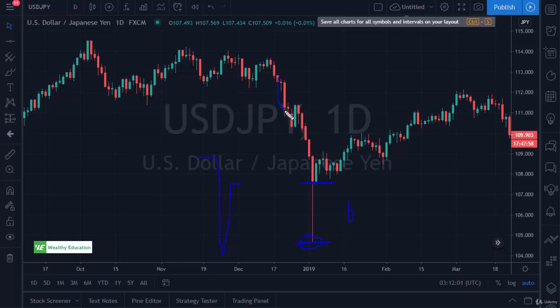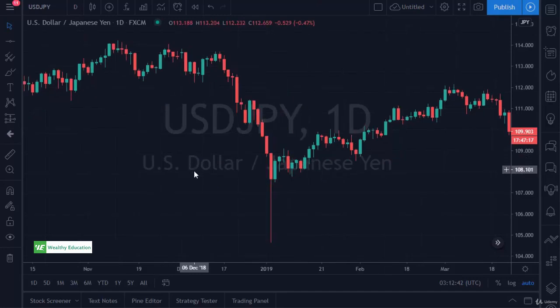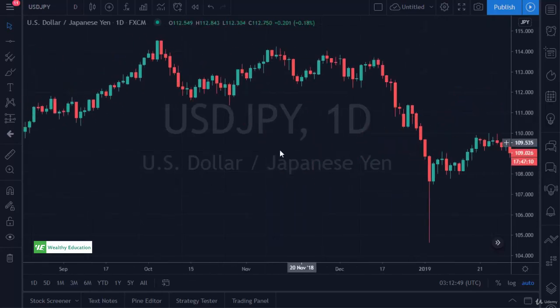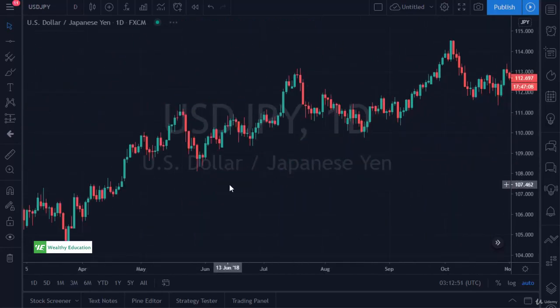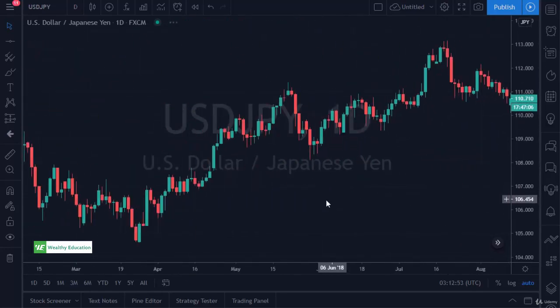Contrast that with something like this candlestick here, where there was a little bit of a pushback, but not much. So that shouldn't surprise you that with a longer candlestick like this, we got some follow through. Doesn't have to work out that way, but a lot of times you'll see something like this. There's very little in the way of wicks, for example.